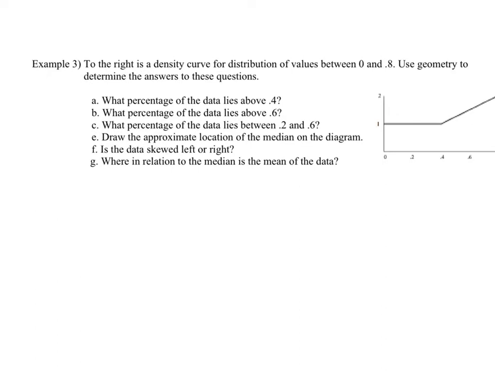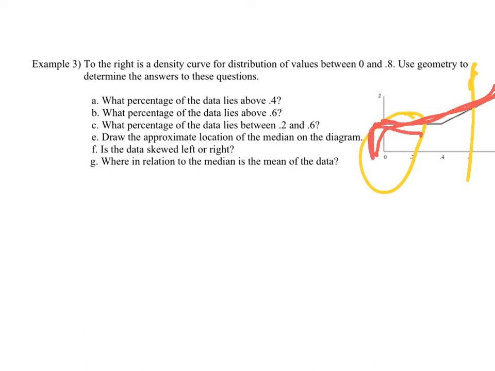Sir, F, is it skewed left or right? What was the class's response? What would you think? It would be left because that's definitely a tail compared to this. If you were to draw a curve over it, you would draw it like that. It went down, so it's got skinnier over here.